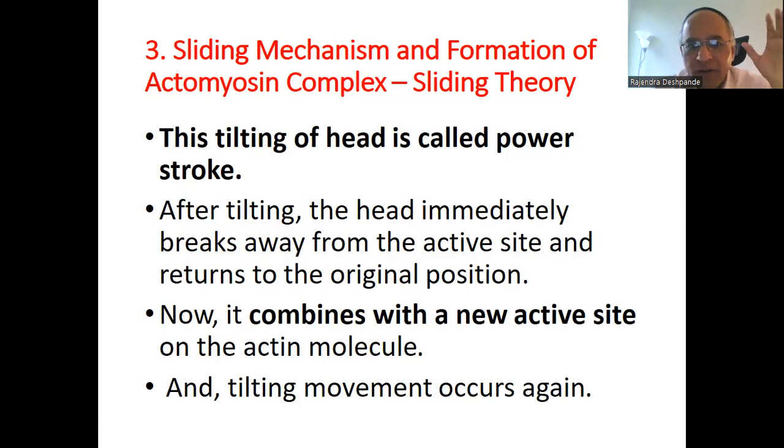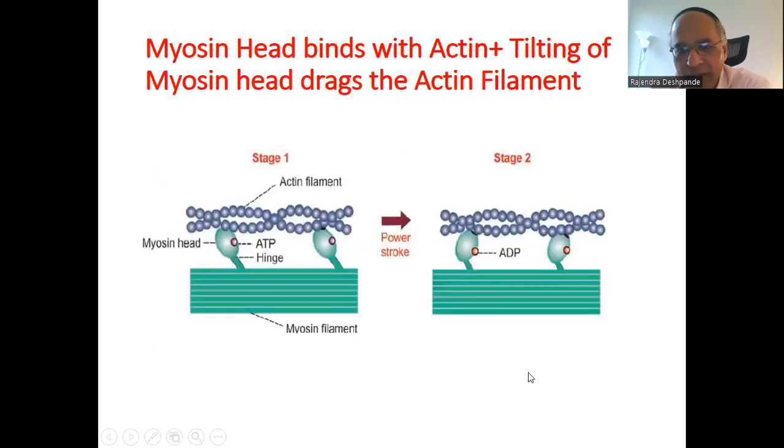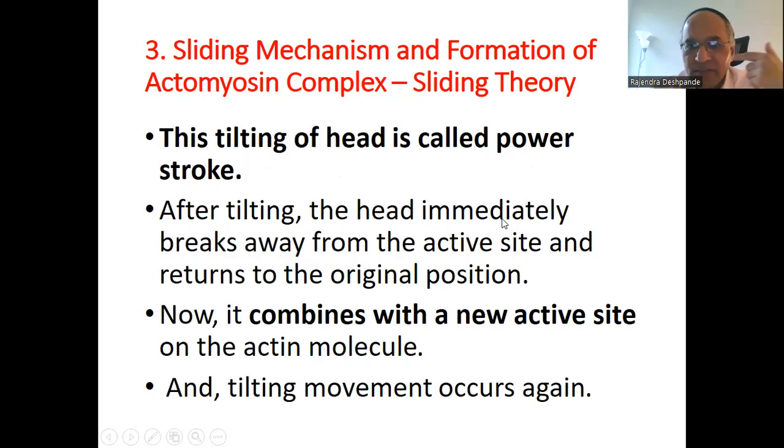Okay. After tilting, the head immediately breaks away from the active site and returns to the original position. Now it combines with a new active site on the actin molecule. So one by one, again I will show you. After this, it will be released. Again, it will go here. Again, it will be pulling. Again, release. Again, pulling. This is a continuous cycle.